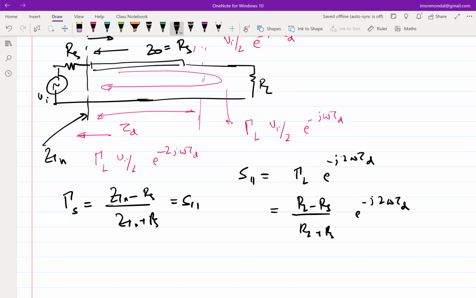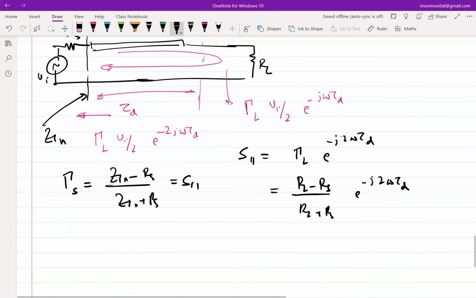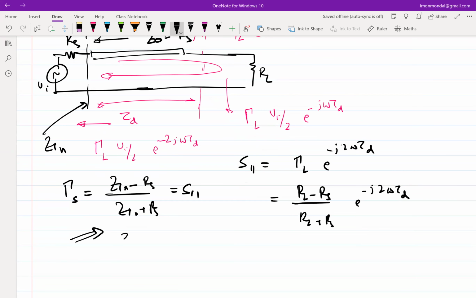Now, if I assume that Zin is equal to the actual value of the resistor, I'm trying to characterize the value of the resistor using S11. Will I get a real impedance or will I get a complex impedance? From here, Zin over Rs will be 1 minus S11 by 1 plus S11, right? So this times Rs.